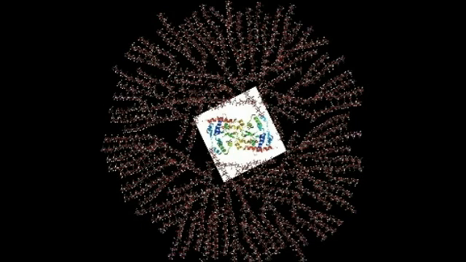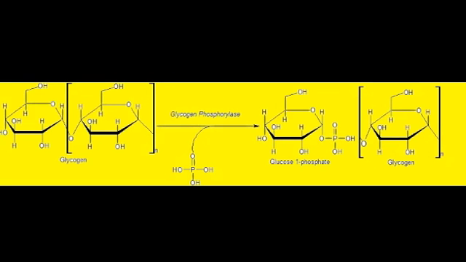So in muscle cells and in the liver, what happens is that glycogen is broken down by glycogen phosphorylase, which is an enzyme which catalyzes a pretty amazing reaction. It breaks the alpha 1,4 bond between the molecules of sugar, and what it does, it breaks it with an inorganic phosphate.